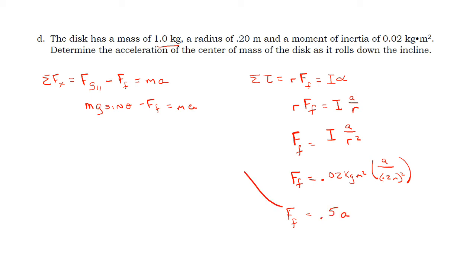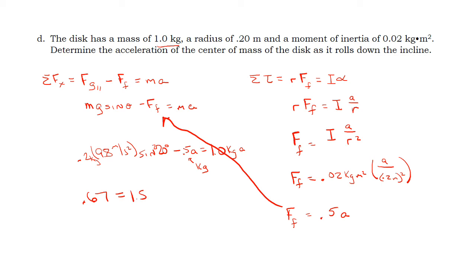I'll plug that into this formula over here, and I get 0.2 kilograms times 9.8 meters per second squared, times sine 20 degrees, minus 0.5 A equals 1.0 A. Units are important, don't forget them. Okay, so now we have 0.67 is equal to 1.5 A, and A turns out to equal 0.44 meters per second squared.